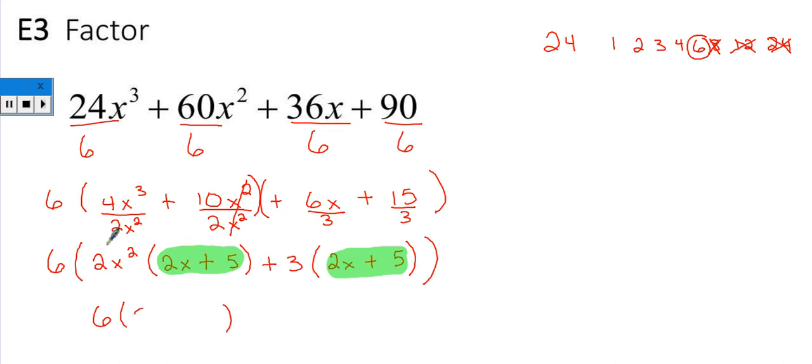That's the common thing, the 2x plus 5. What's going to be left over for the other parentheses? Everything that has not gone in a parentheses yet. So that's going to be your 2x squared and your plus 3. That is a completely factored problem.